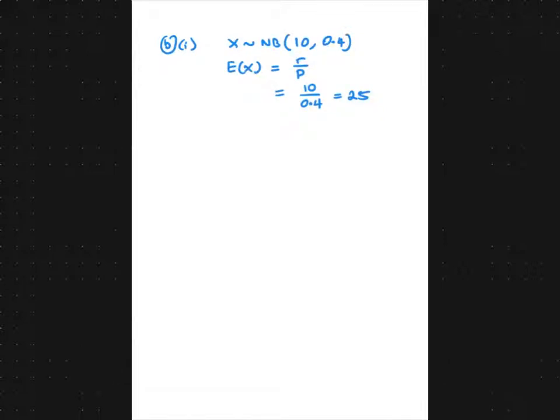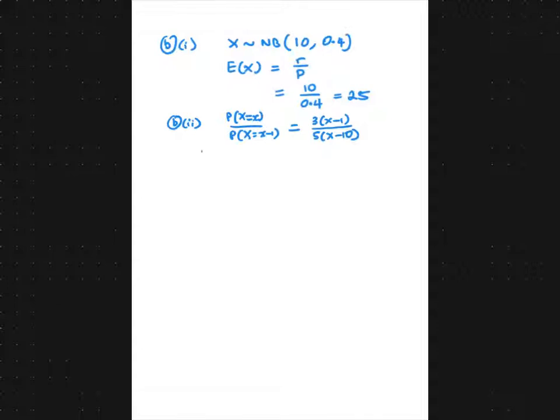In B part 2, we are supposed to show that P(X equals x) divided by P(X equals x minus 1) is equal to 3(x minus 1) divided by 5x minus 10.